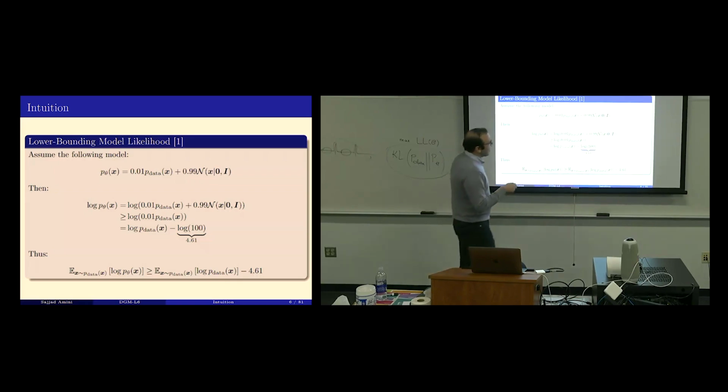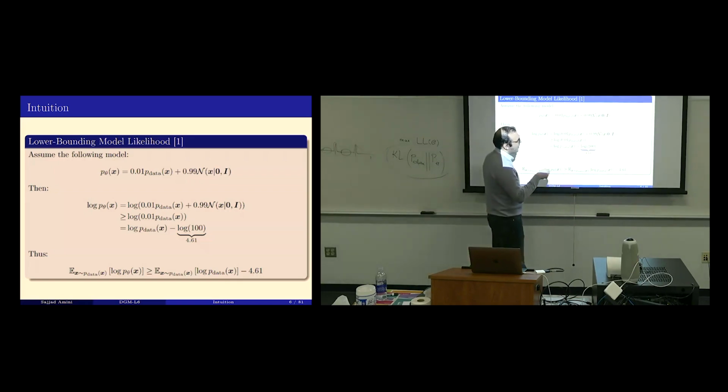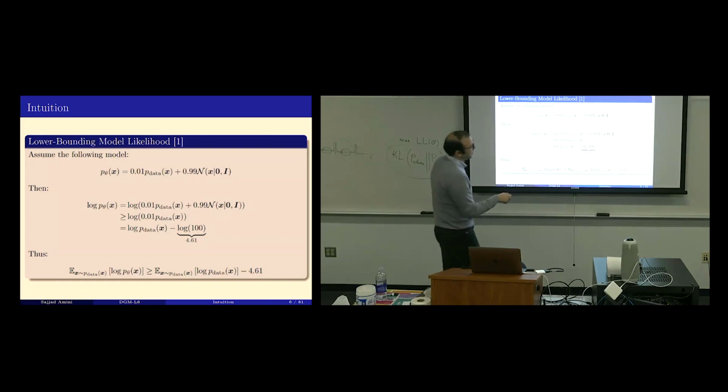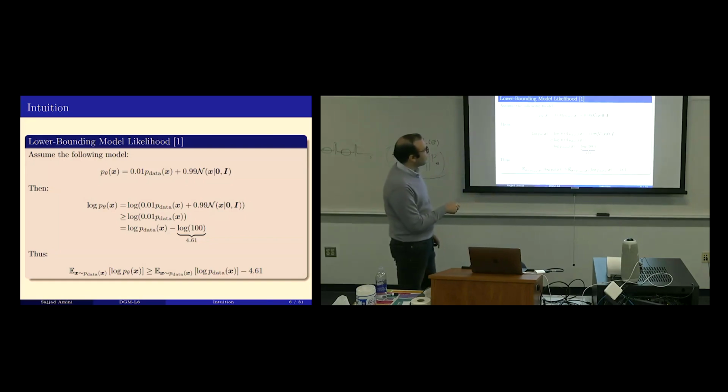So the logarithm of this term is the logarithm of the first one plus the logarithm of the second part. The logarithm of the first part is here, the logarithm of the second part is here. And we know that the logarithm of 0.01 is minus that. So we find a lower bound to the model likelihood based on the data likelihood.